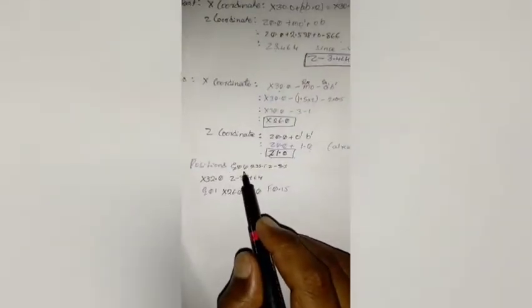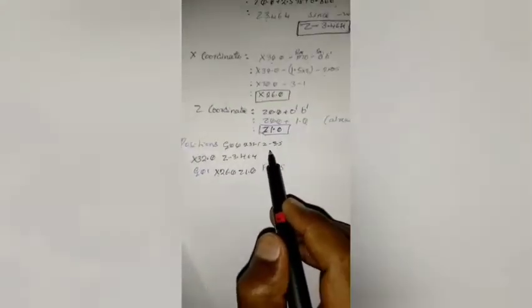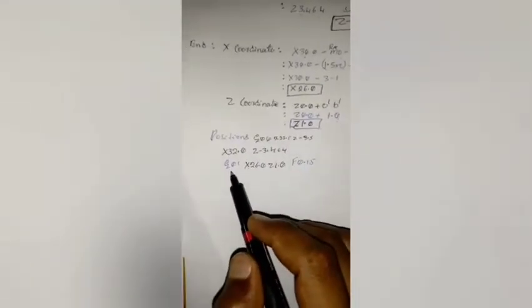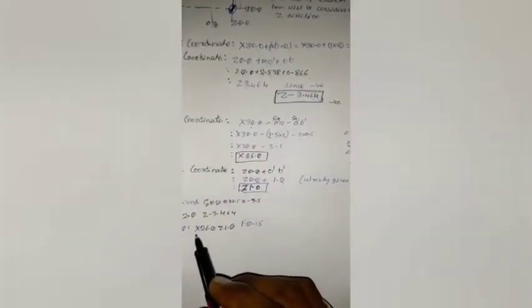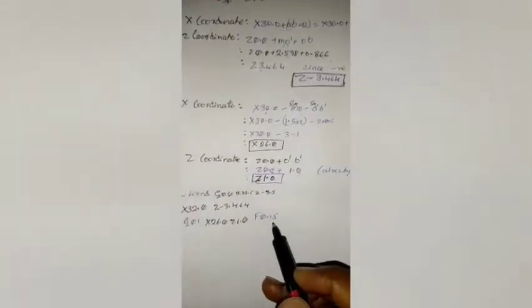G00 X32.5 Z-3.5, so by rapid traverse it will come to the start position X32.0, Z-3.464. Then by linear interpolation the tool has come here. It will start cutting: G01, linear interpolation, X26.0 Z1.0 F0.15, with some feed rate. So it will complete this chamfer making process.